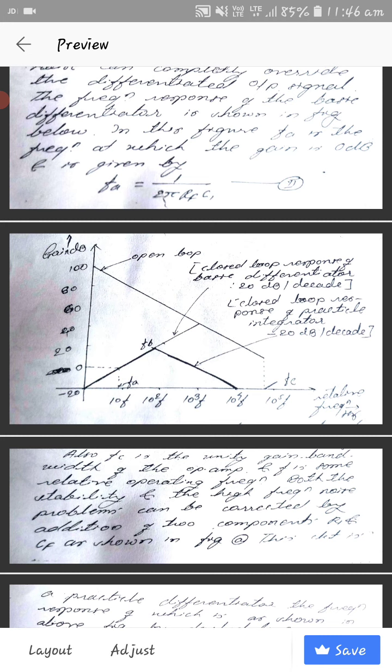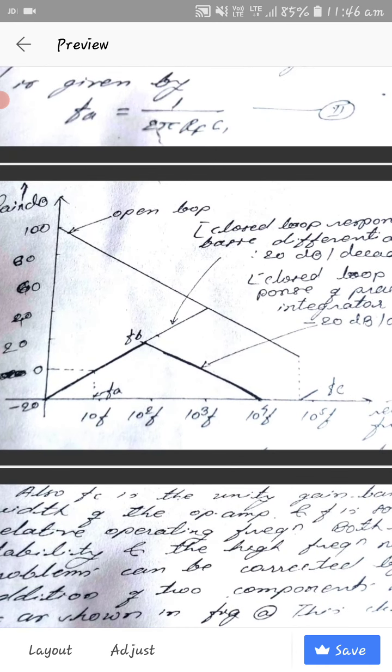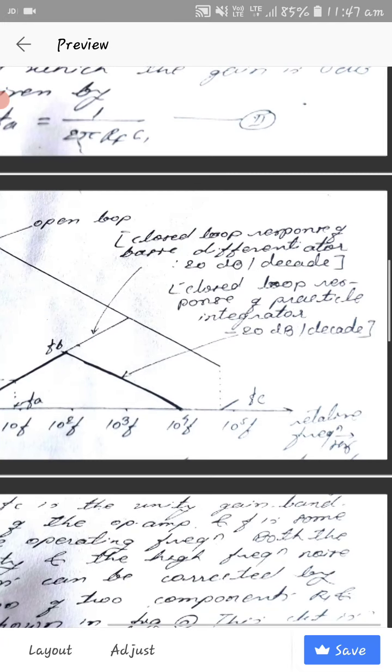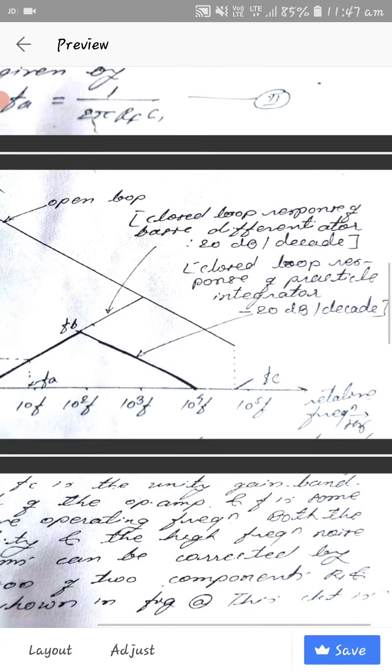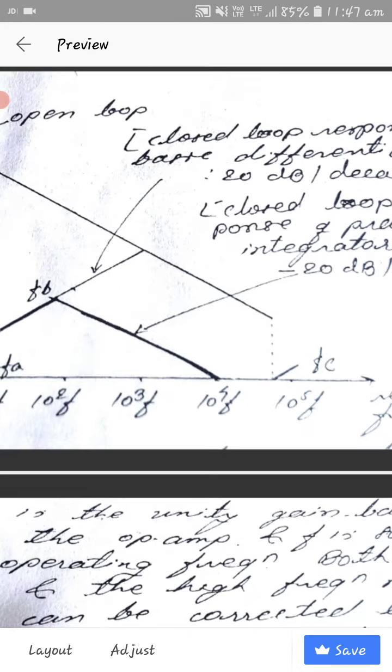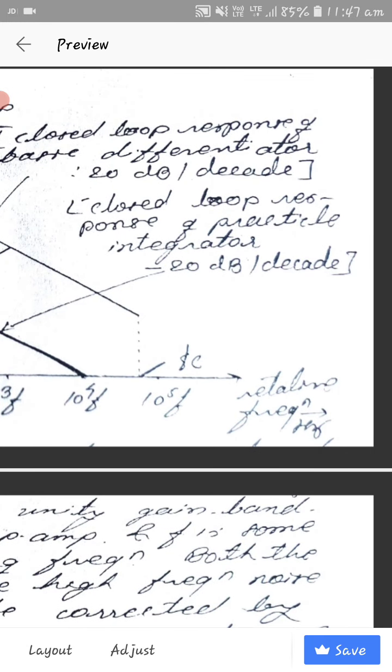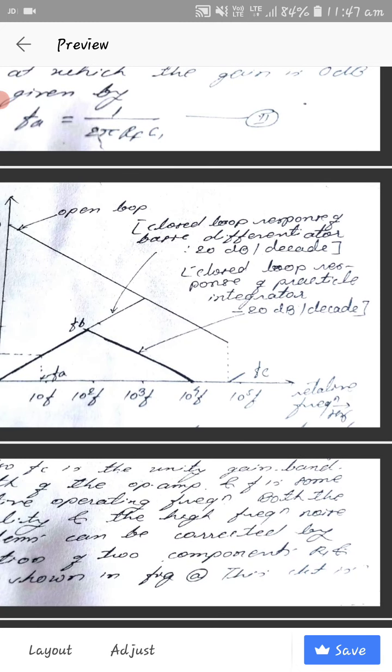These are the open loop. Here one straight line shows the increase. These are the closed loop response of the basic differentiator at 20 decibels, and this second one is the closed loop response of a practical integrator at 20 decibels per decade.